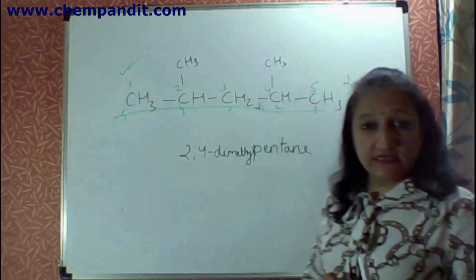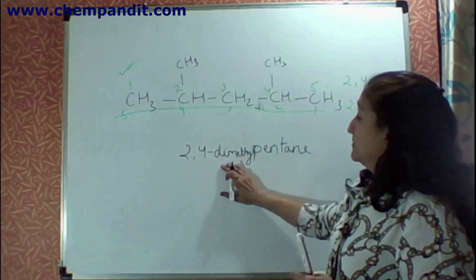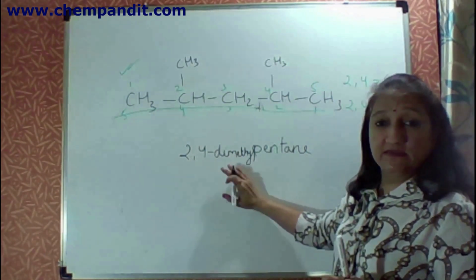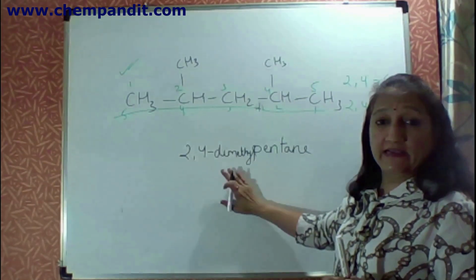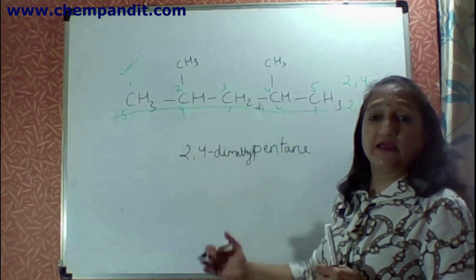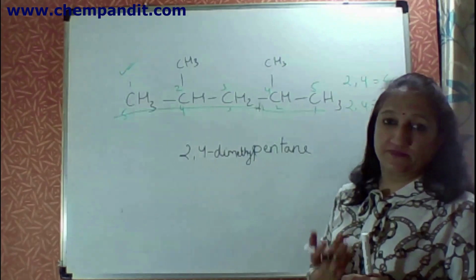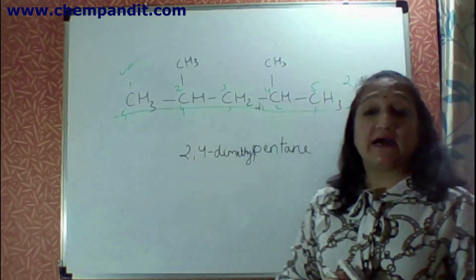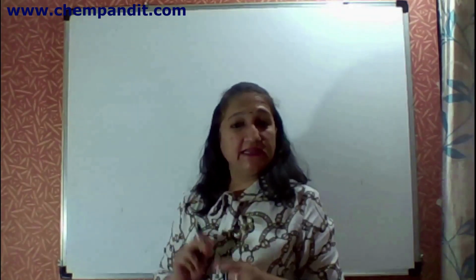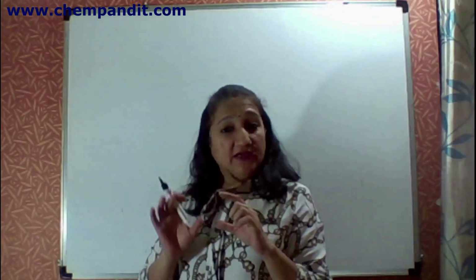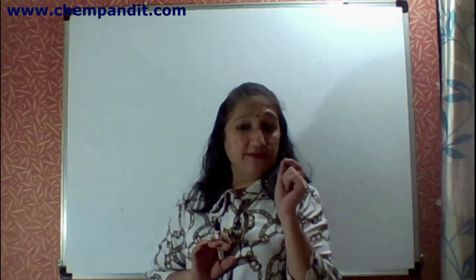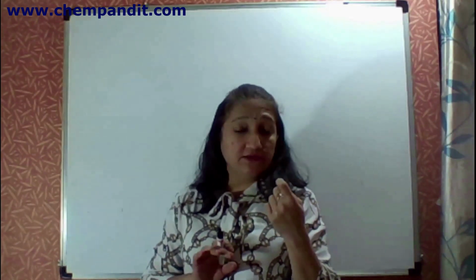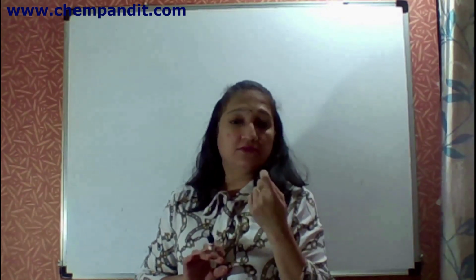We just now discussed that when a substituent is present in more than one number, then the di, tri, tetra prefix is used. Clear? So the final name of this compound will be 2,4-dimethyl pentane.